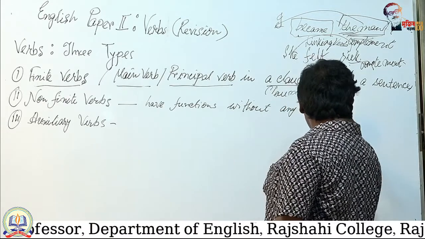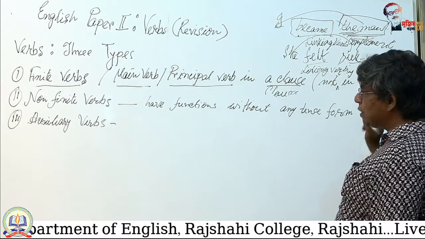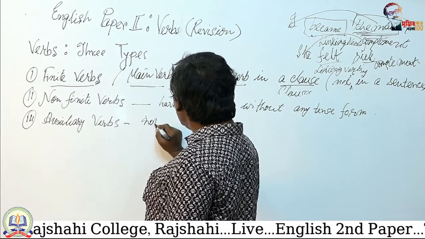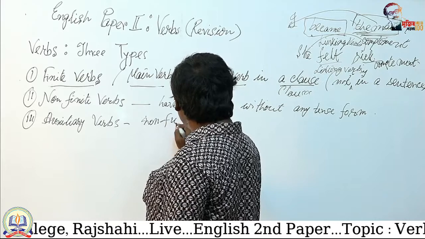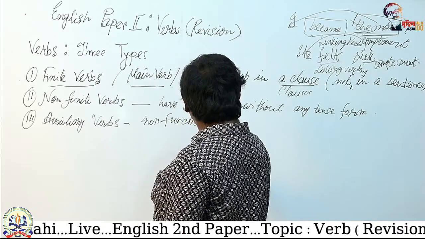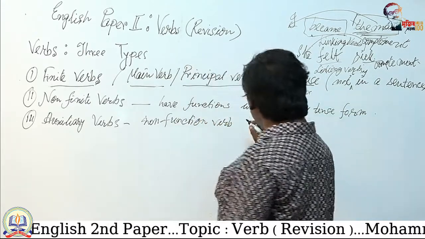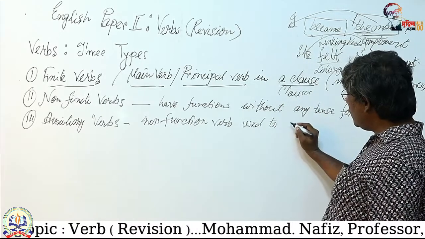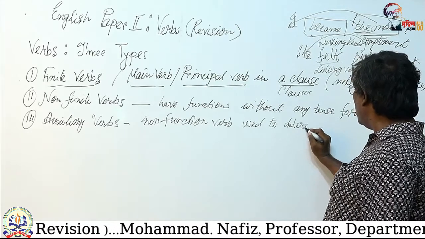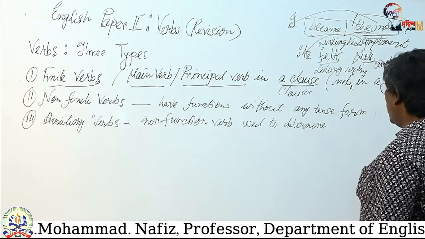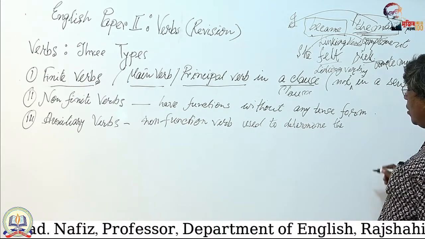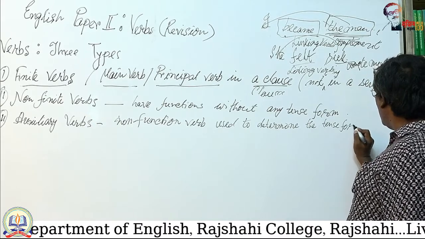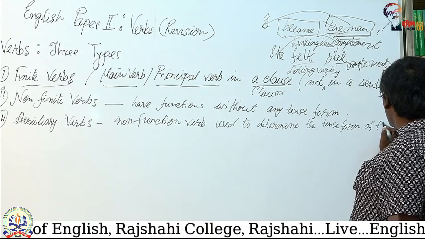A non-finite verb is a functional verb without any tense form, and an auxiliary verb has no function, a non-functional verb used to determine the tense form of the finite verb.